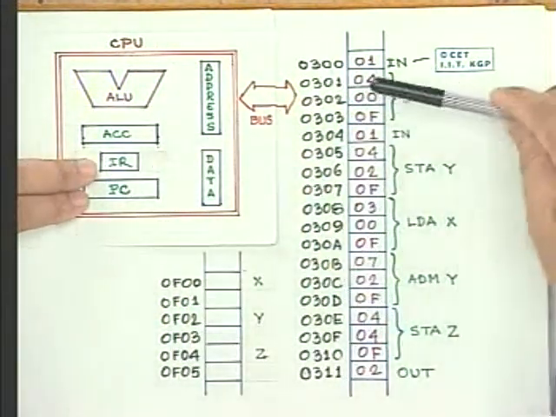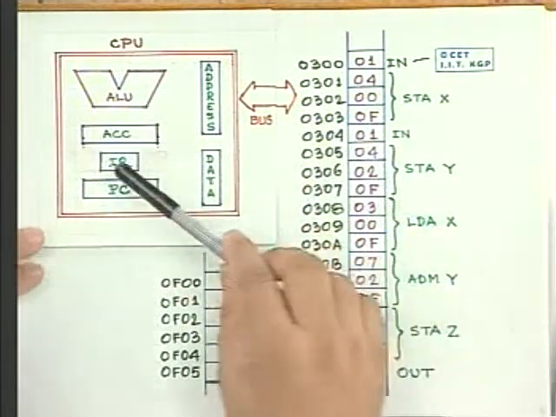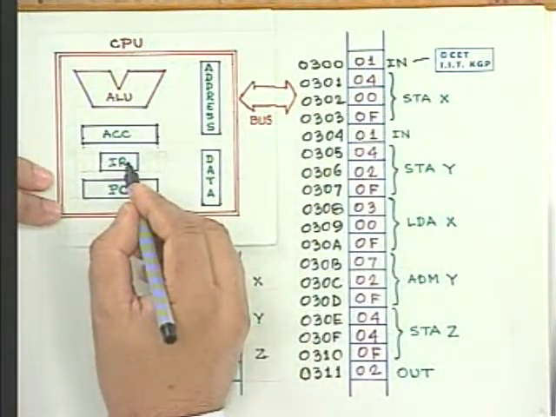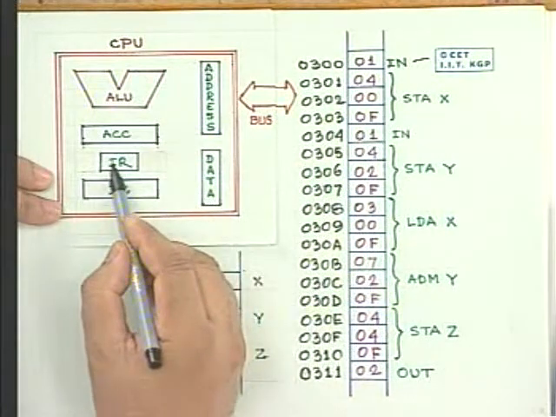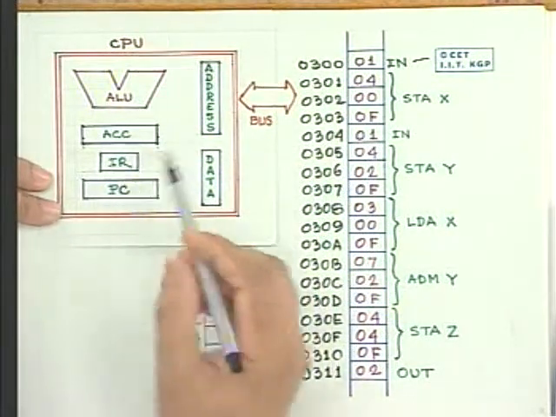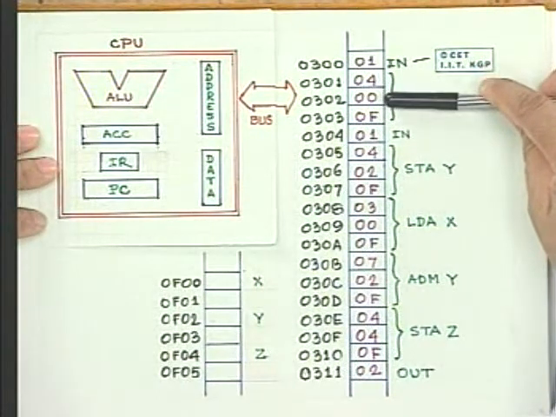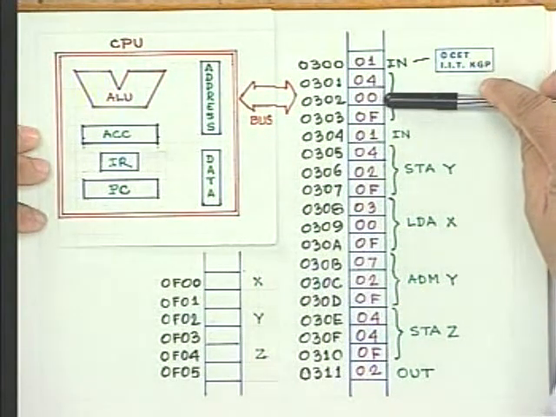By the time this 04 has come into the instruction register and is decoded, the program counter is automatically incremented to point to the next location, right?